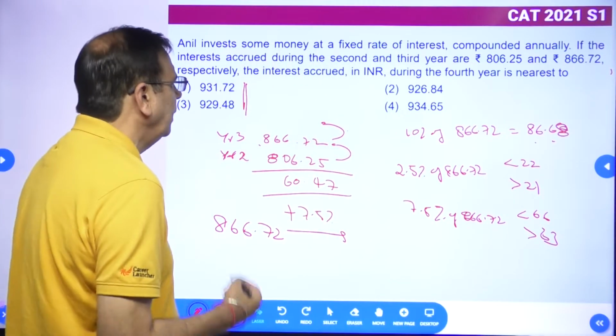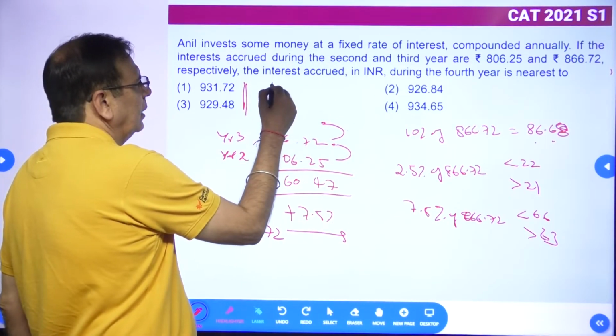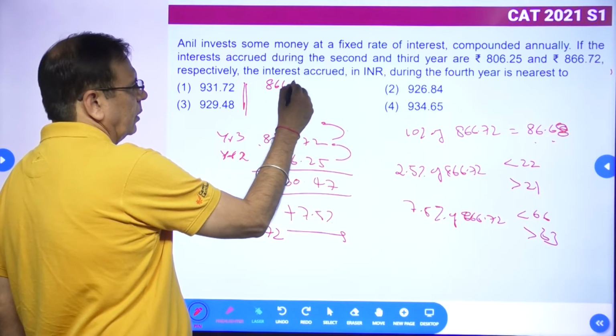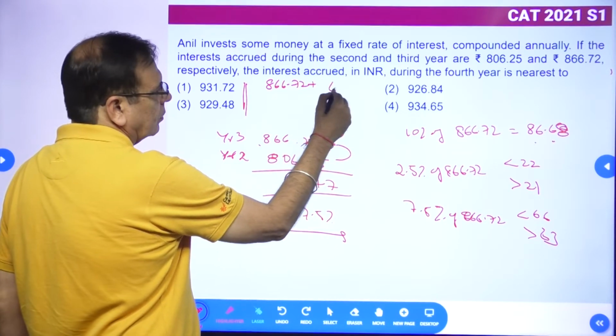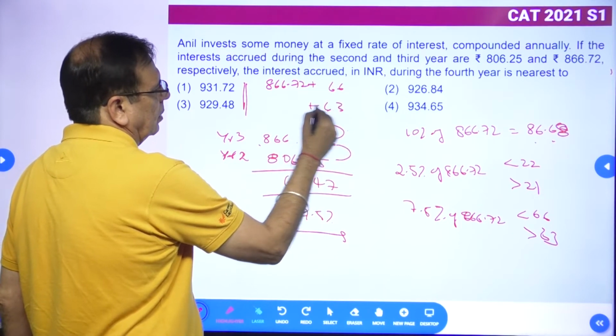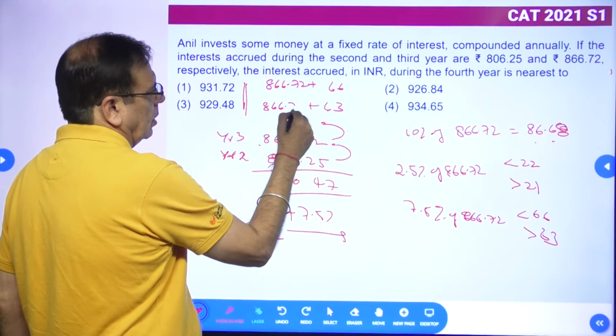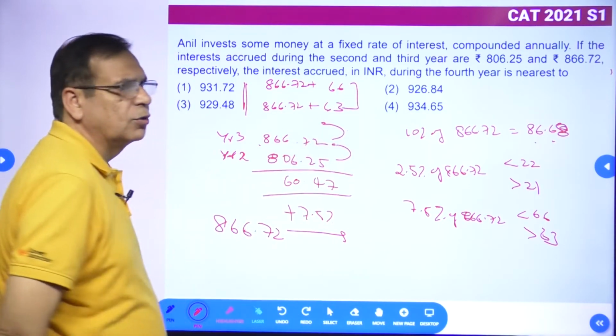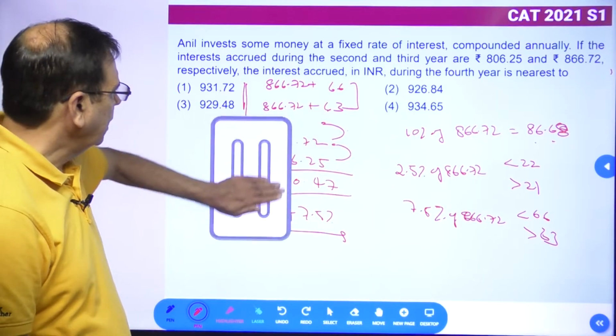So what should my answer be? My answer should lie between 866.72 plus 66 and plus 63. My answer has to be between these two numbers. Okay. So let's check out.